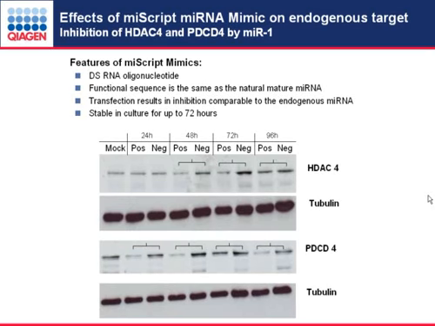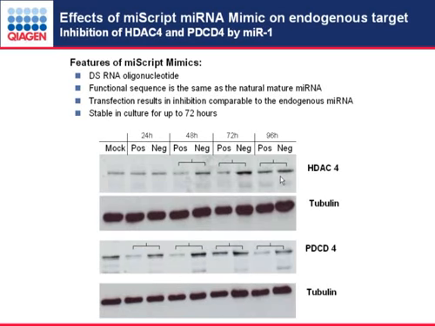And for this experiment, a miScript mimic for miR1 was transfected in the HeLa S3 cells, and at the indicated time points, cellular lysates were prepared, and the protein levels of either HDAC4 or PDCD4 were assessed using Western blot. And for the Western blots, tubulin was used as a control.